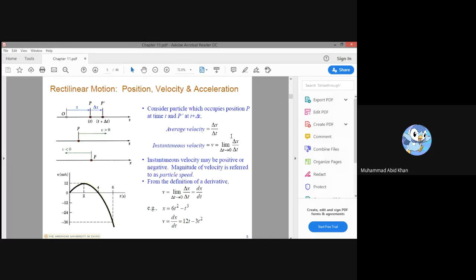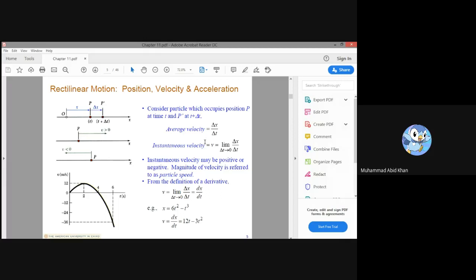If the question says we have to calculate the instantaneous velocity, we use the formula given here: v is equal to the limit, as delta t approaches 0, of delta x over delta t.